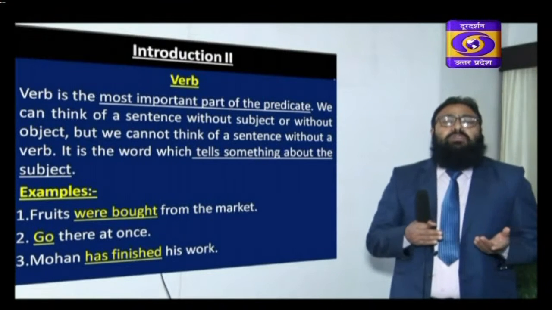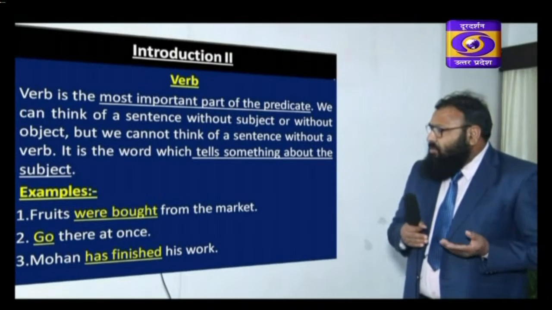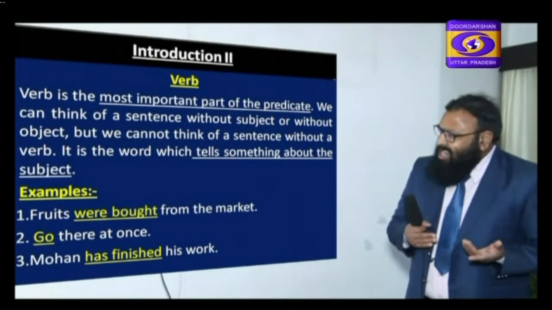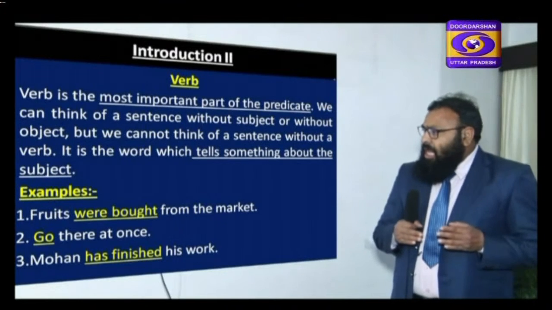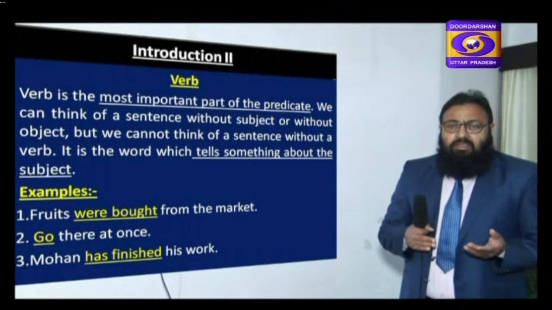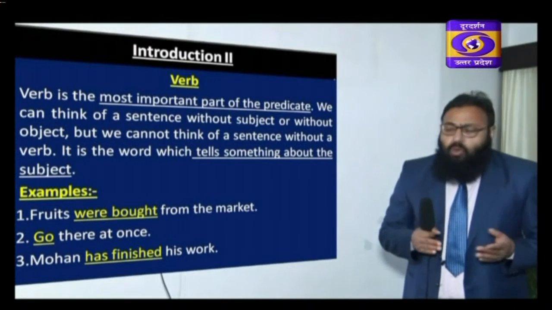Go there at once. Now go is a verb. Here the subject you is understood and it is telling us about the understood subject that the work which he is doing is that of going.